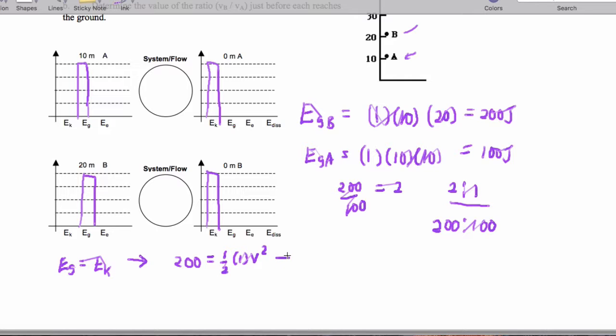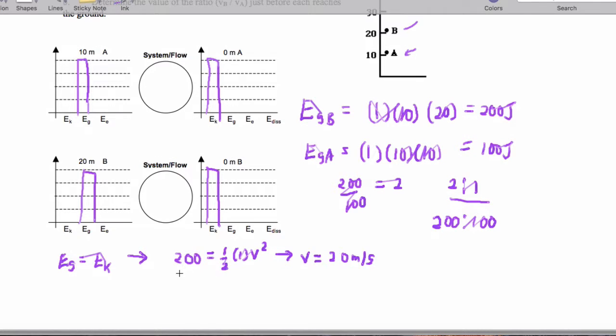When I isolate V, I'll end up getting 20 meters per second. That's cool. And when I do the same thing for sphere A, that's 100 equals 1/2 times 1 times V squared. And that's going to give me a V equal to about 14 meters per second.